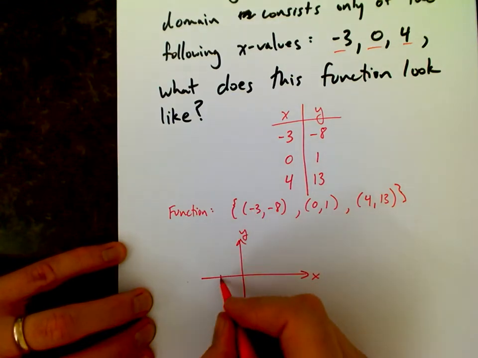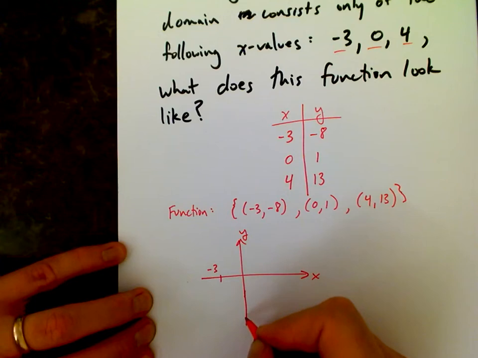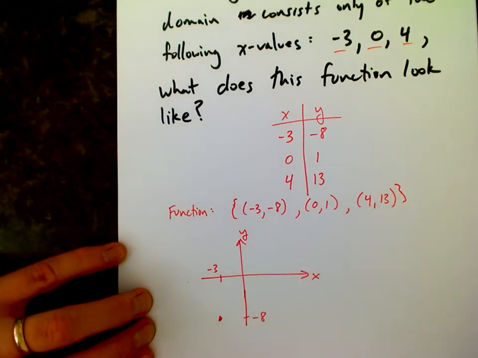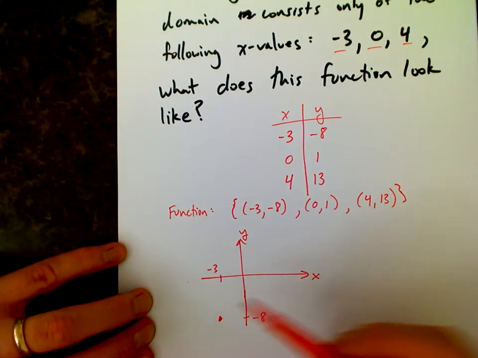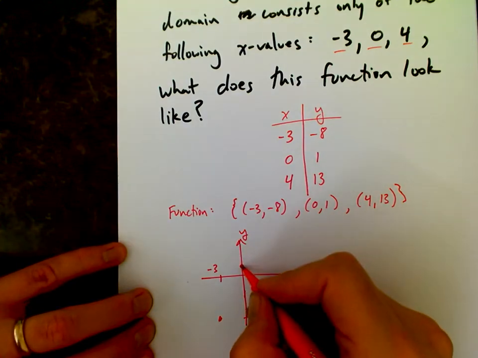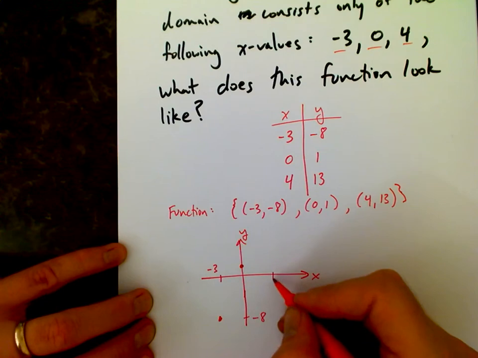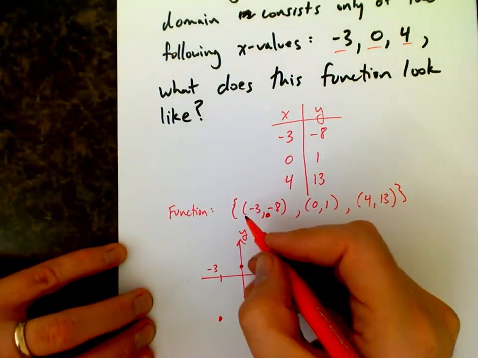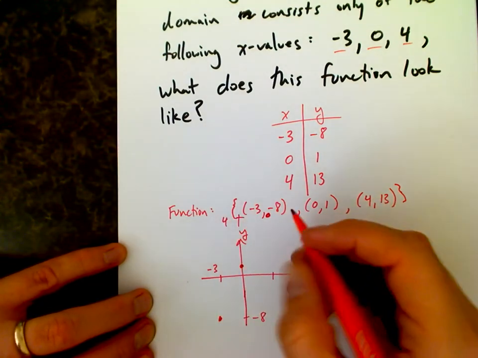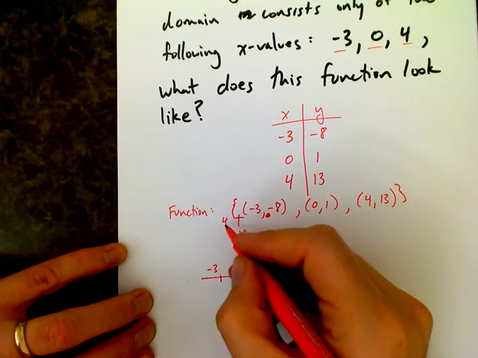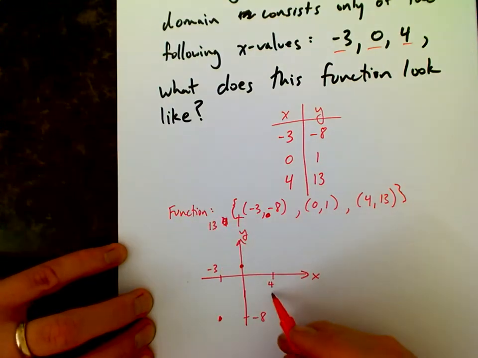Negative 3, negative 8 is one of the elements in the function, one of the ordered pairs. (0, 1) would be right here. (4, 13) would be up there.